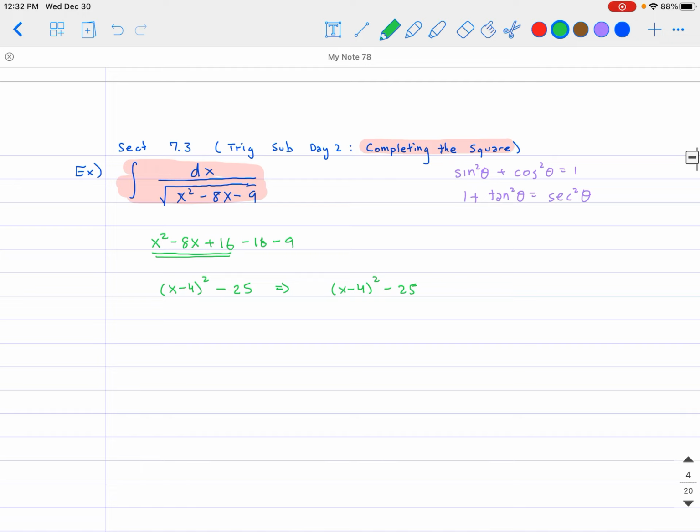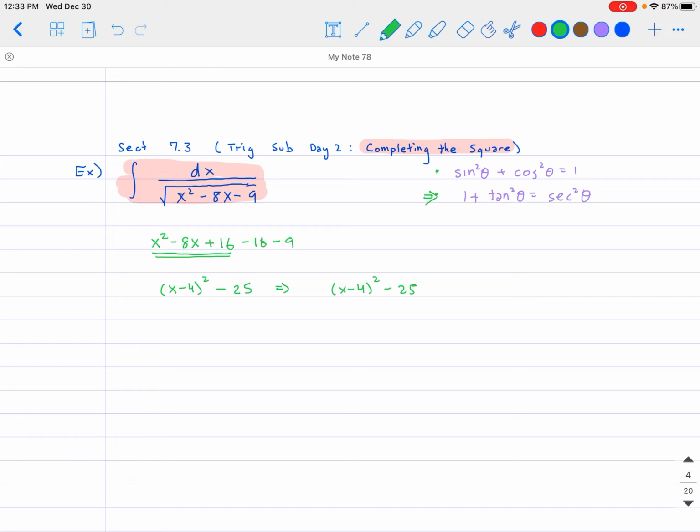Now we're going to look at our trig identities again. Which one does it match up to? I need something like a variable squared minus 1. It has to be the second case, because we need to move the 1 over to the other side to make it work.